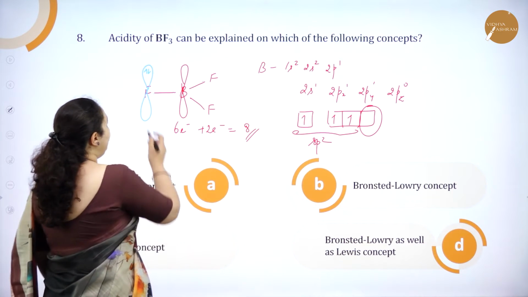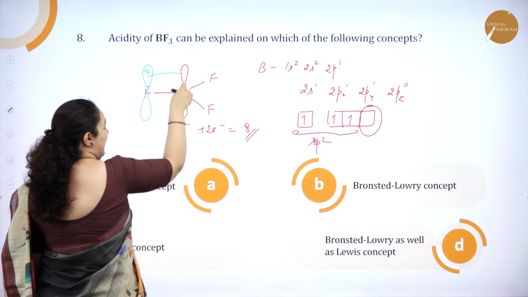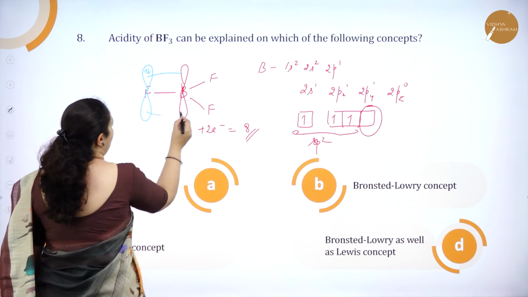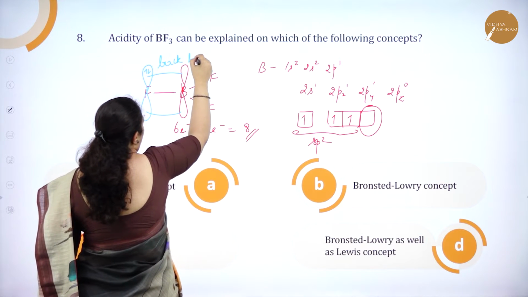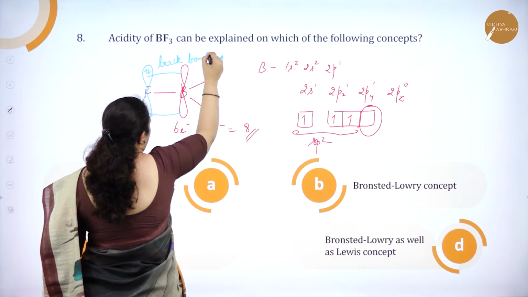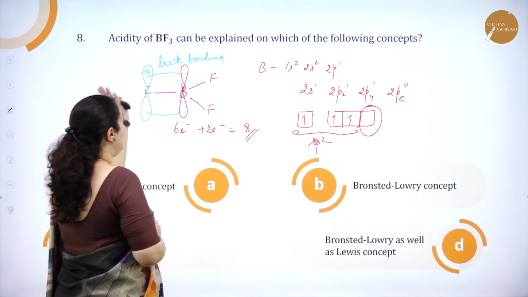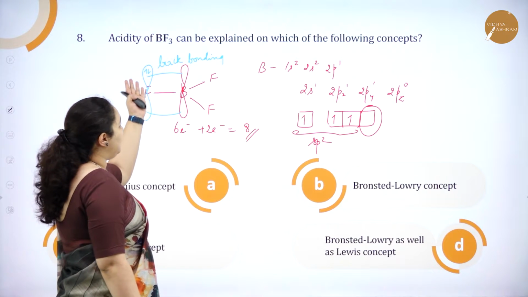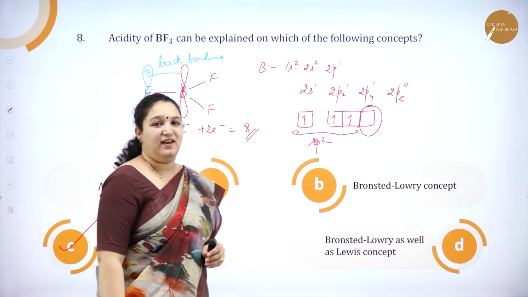Among that, one filled p orbital will overlap with the empty p orbital of the boron to form back bonding. A pi bond is formed, which is back bonding, because fluorine is now giving to boron. Because it can again take up electrons, it is acidic in nature.